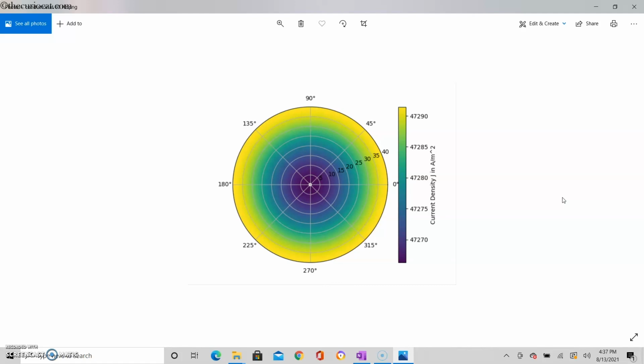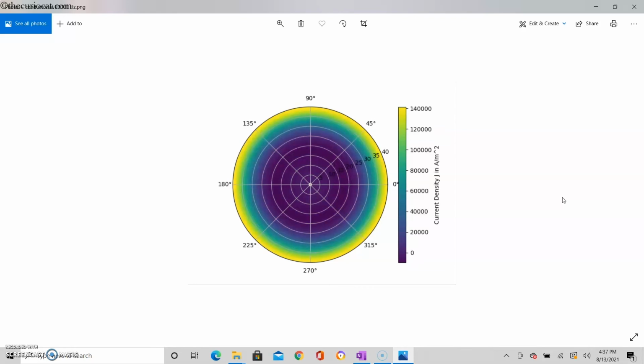Here's the cross-section at 60 Hz, 600 Hz, 6,000, 10,000, 20,000, 30,000, 40,000, 50,000, and 60,000. Based on the way the current density distribution changes, we see that the skin effect increases with frequency.